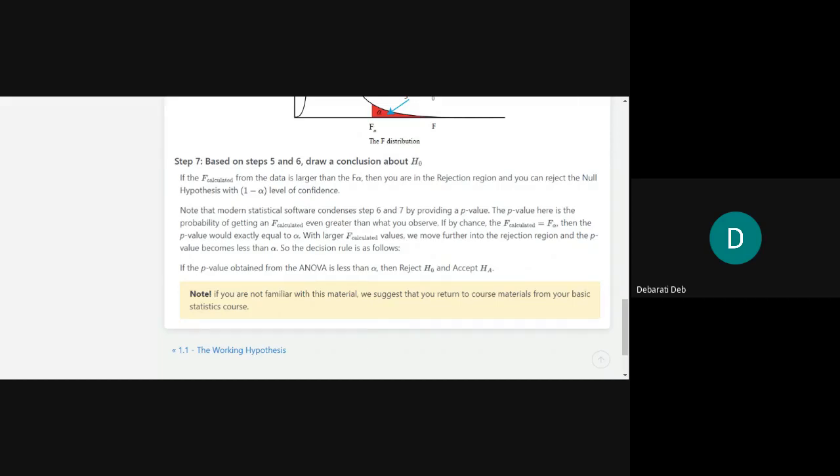Now see, if the F calculated, meaning the F which you calculate from the data using the formula, is larger than the F critical, then you are in the rejection region, and you can reject the null hypothesis with 1 minus alpha level of significance. 1 minus alpha means 1 minus 0.05, that is 0.95.